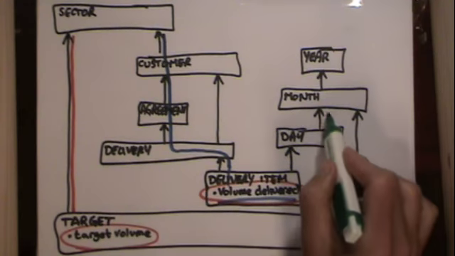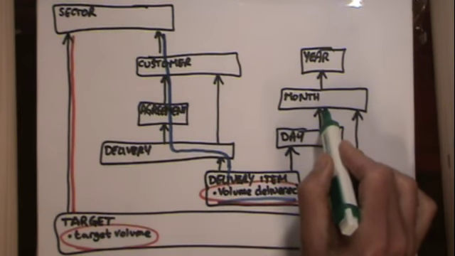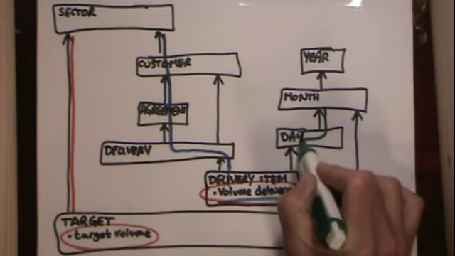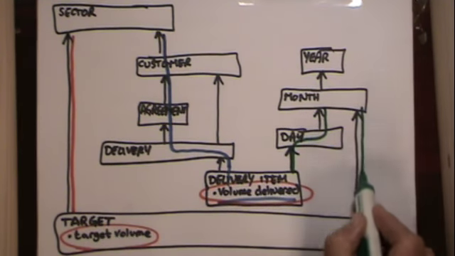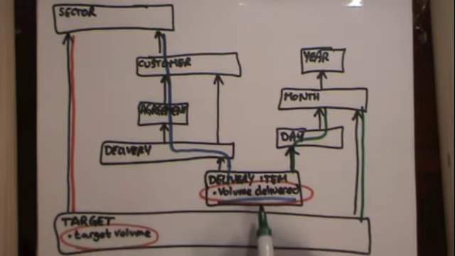So let's say that we're going to have monthly level summaries for both the targets and the actuals from the delivery items.